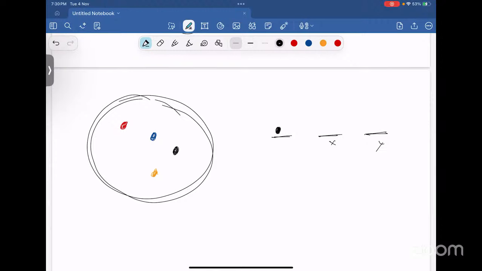Once you selected this black ball, you will keep it there, and then whatever remains, you will select for the next position. You can only select red, blue or yellow, not the black. So this is basically without replacement.